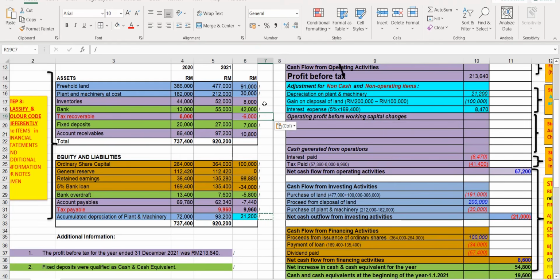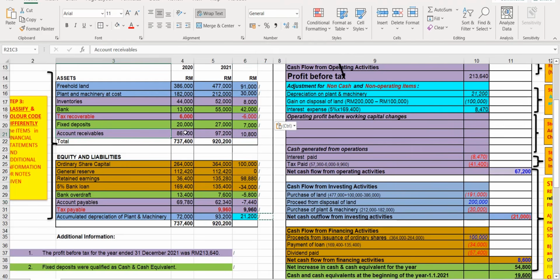So you can see here, inventories, the change was 8,000. It means that you spent more cash to buy your inventories. Go and check the net increase or decrease. And then you have your accounts payable item here. There was a reduction of 7,440, which shows that you have spent a lot of cash to pay your supplier.